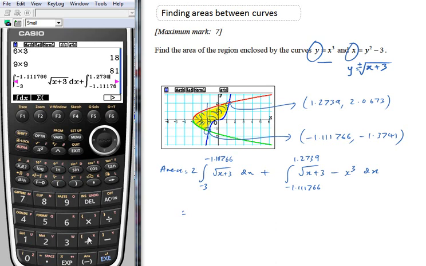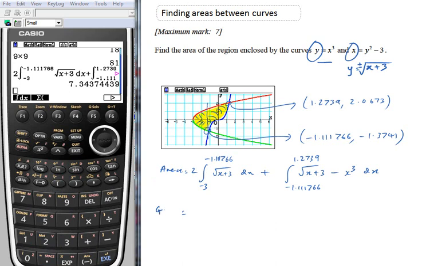Well worth your while taking your time on this, because of course none of what's going on now will ever get to the examiner. But your answer on the GDC is 7.3437, and of course that needs to be rounded off now, as it's the final answer, to 7.34.